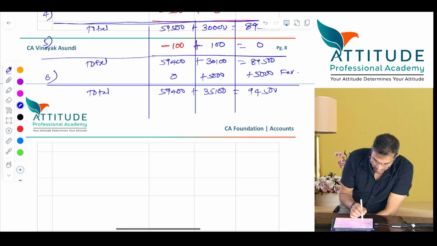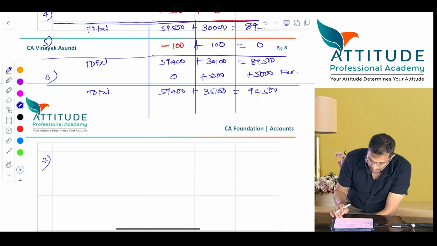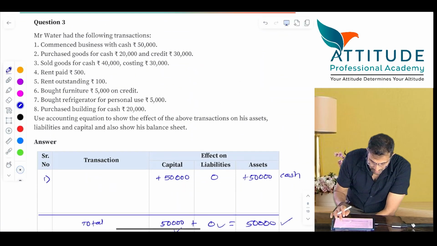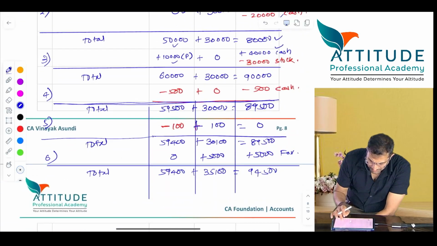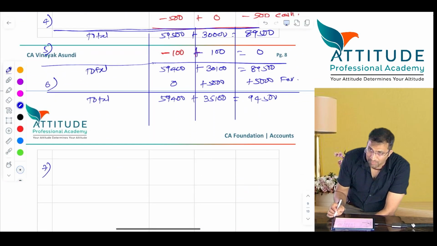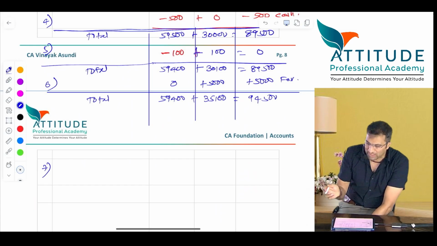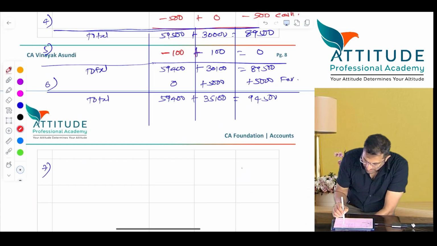Clear? Okay, next. Seventh. Bought refrigerator for personal use. Obviously, you have bought it for cash. If nothing is mentioned, bought it for cash. Minus 5,000 and minus 5,000. Capital also reduces. ये nil होगा.